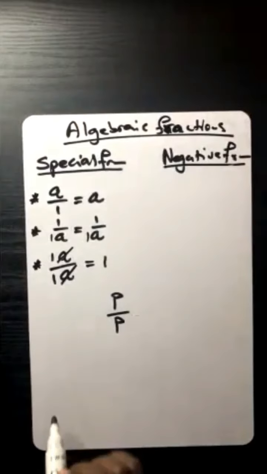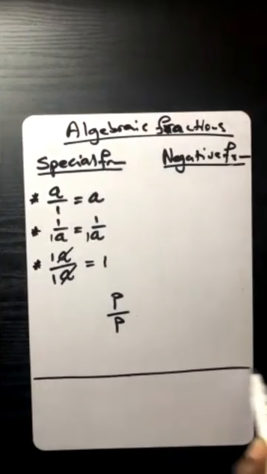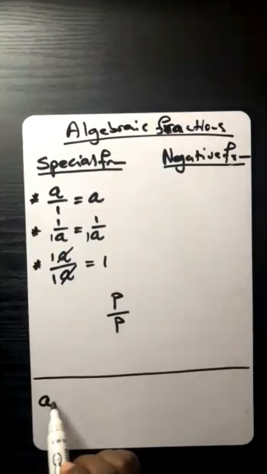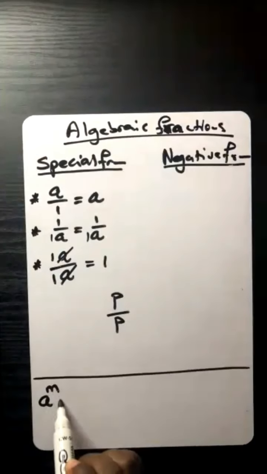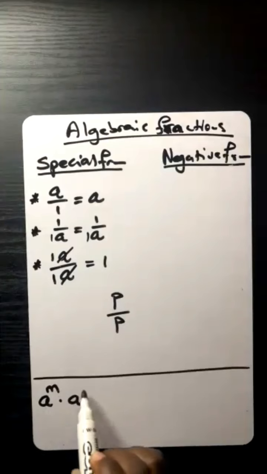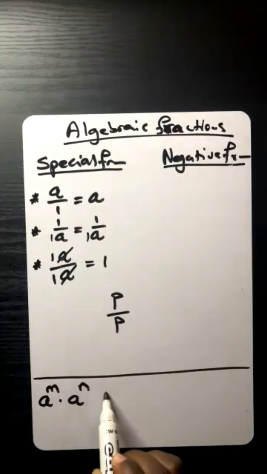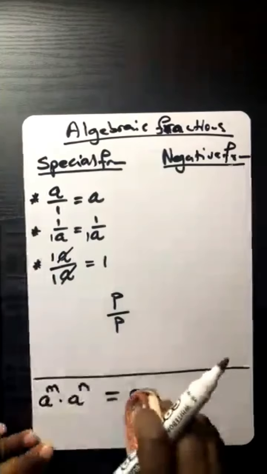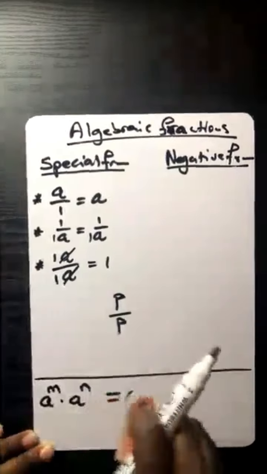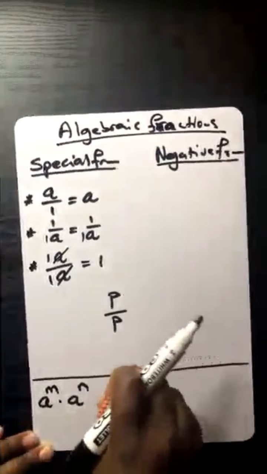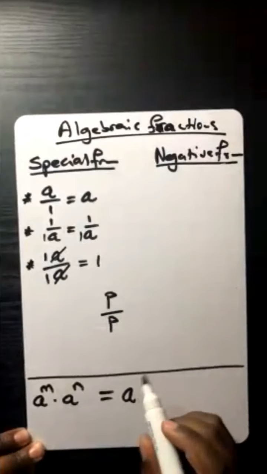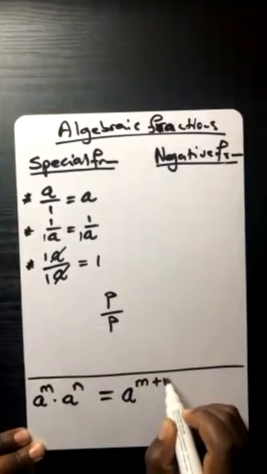Let me just write those two rules down. Let's say a to the exponent m multiplied by a to the exponent n equals a, the same base, to the exponent m plus n.